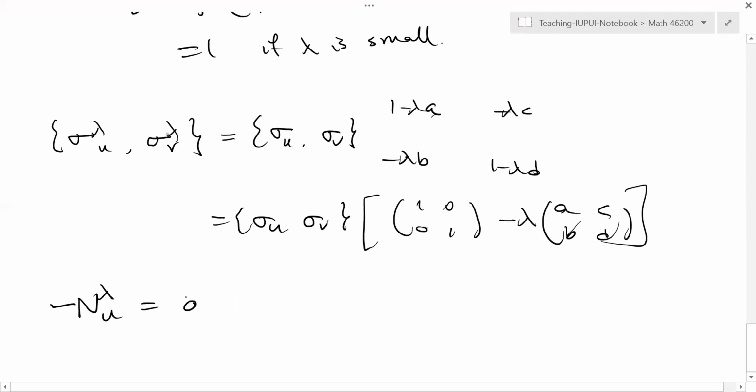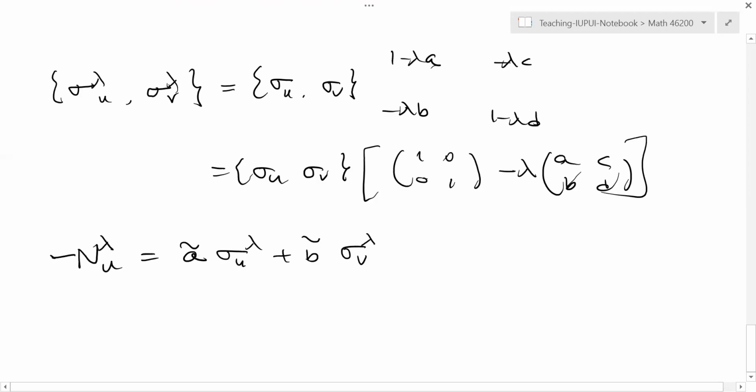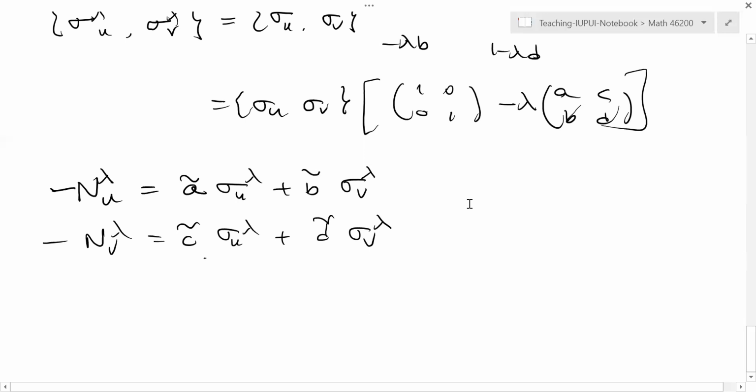Maybe this is A tilde sigma u, and B tilde sigma v. So the curvatures of S lambda, the new surface, are completely determined by those coefficients.